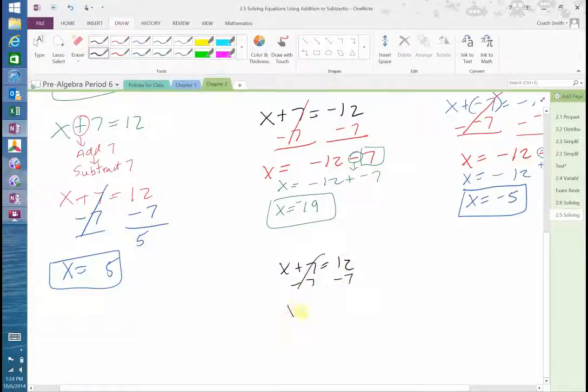That cancels, leaving me with x is equal to 12 minus 7. Honestly, we probably need to change that to 12 plus negative 7, because we're supposed to change all subtraction to addition. The reason I didn't is because you know how to do 12 minus 7. I could change it, and it would still yield x is equal to 5.